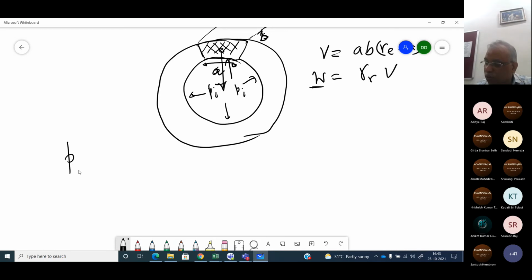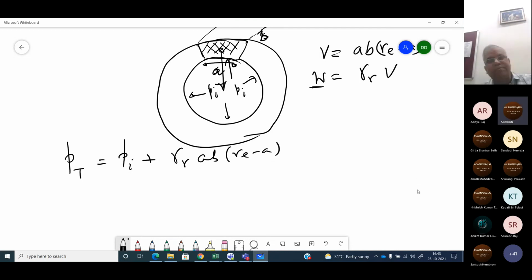But now we are going to do it. Let's say my total P now required is Pi plus this W, gamma R a b Re minus a. Now let's say this cross-sectional area is 1. I consider it as 1 meter square, so I can take it out.